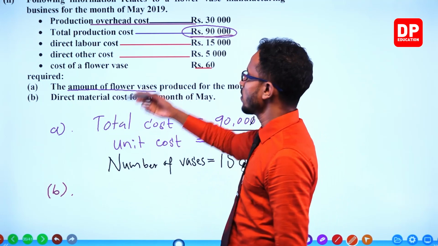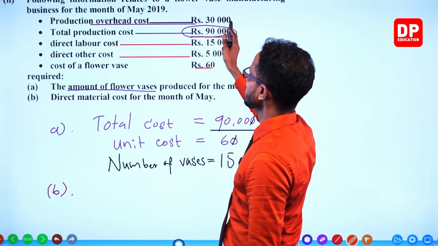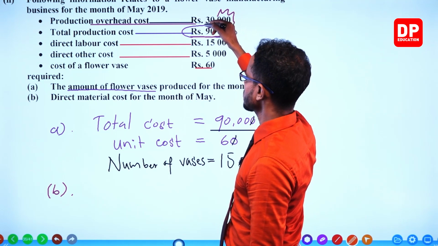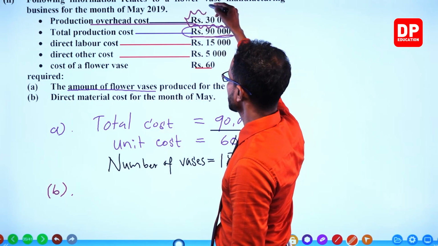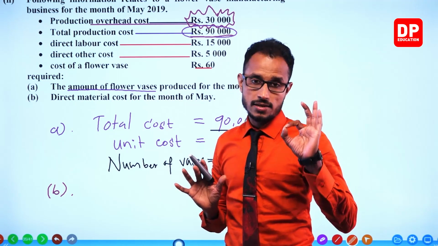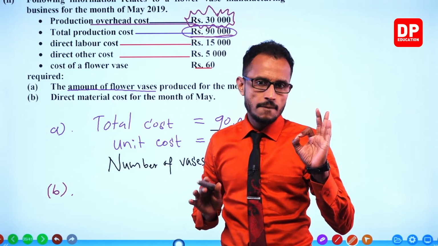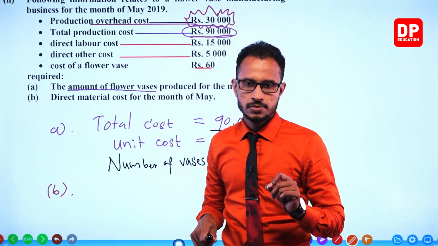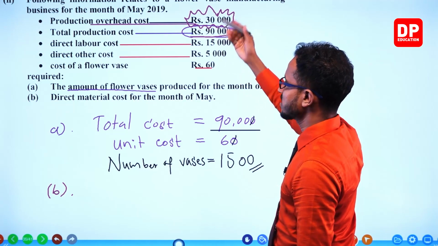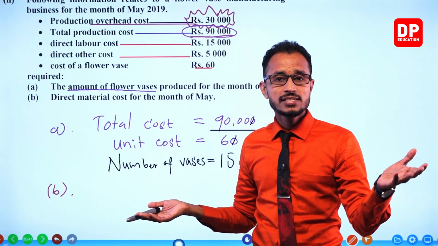Out of that, overhead cost is given, 30,000. Total production cost is calculated by adding prime cost and overhead cost. Out of 90,000, overhead is 30, then prime cost is 60.